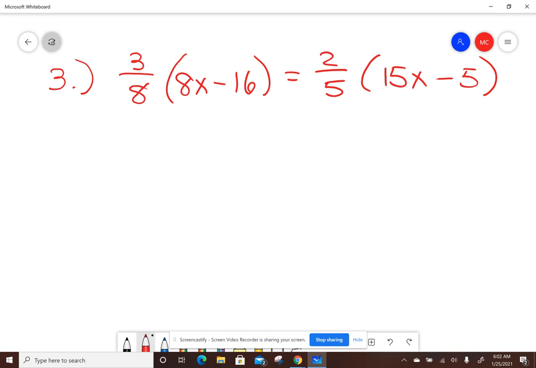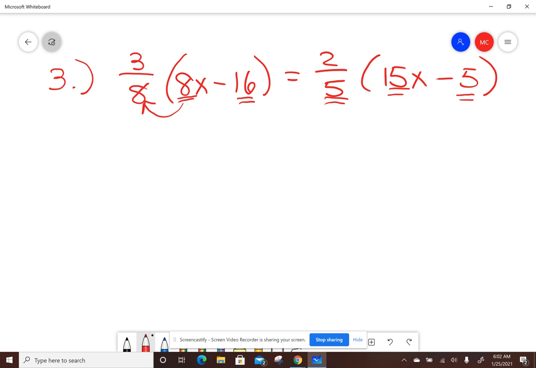But before I do that, I'm going to see if distributing will clear the fractions. Because if you notice, when the grandchildren are multiples of the denominator, and in this case, 15 and 5 are multiples of 5, and 8 and 16 are multiples of 8. Just by distributing, I will get rid of the fraction.